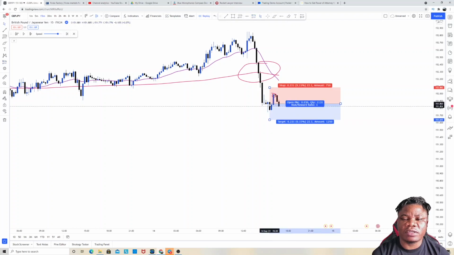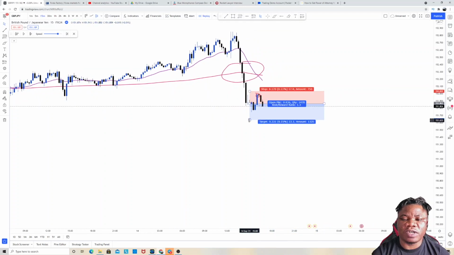We can have our stop loss right above this pullback, this previous high right here, and we'll just target 1 to 5 risk to reward ratio, which is going to be for 25 pips, stop loss 17 pips.